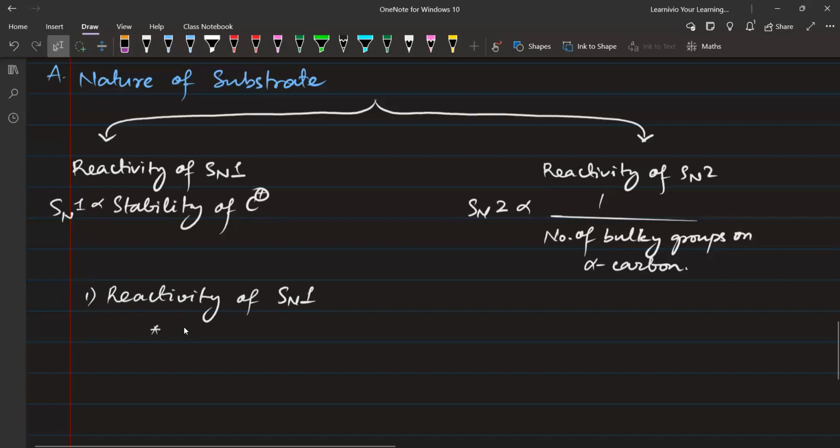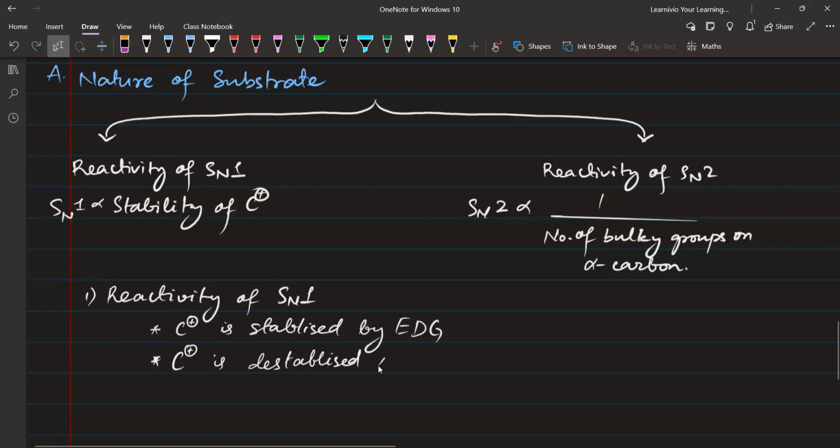A few points that you need to know: carbocation is stabilized by electron donating groups, and carbocation is destabilized by electron withdrawing groups.